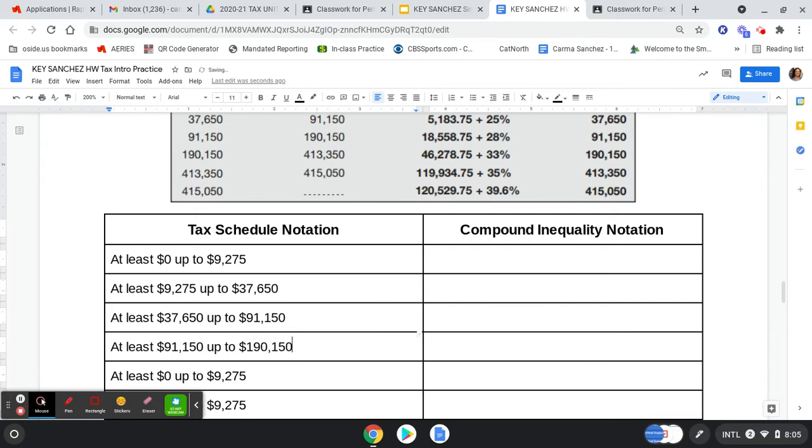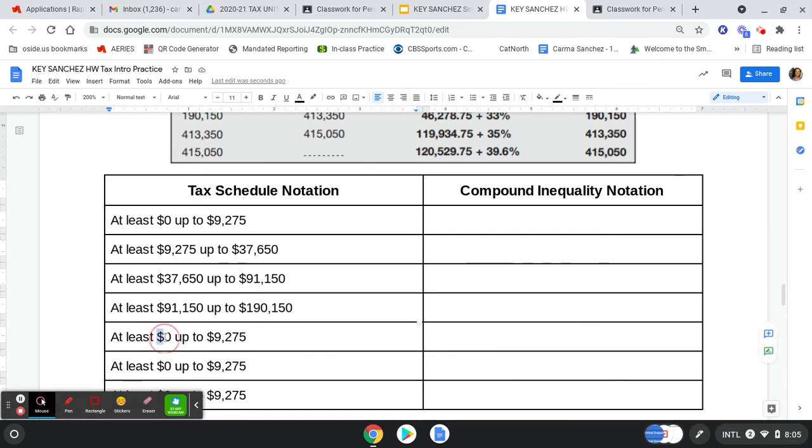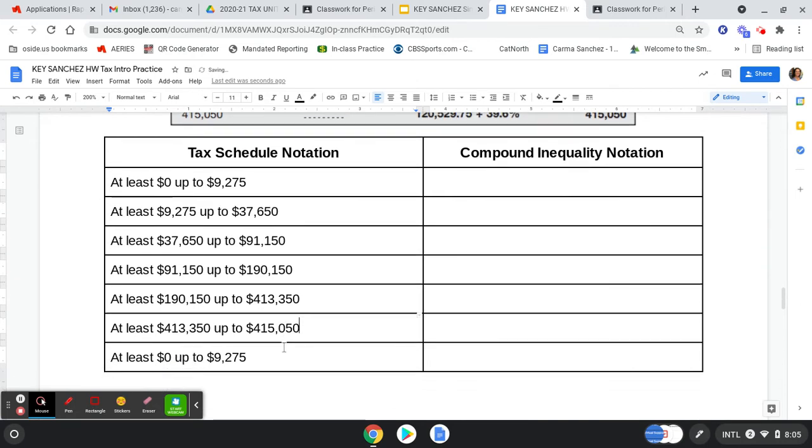And from 190,150 up to 413,350. From 413,350 up to 415,050. And then this last one is over 415,050.